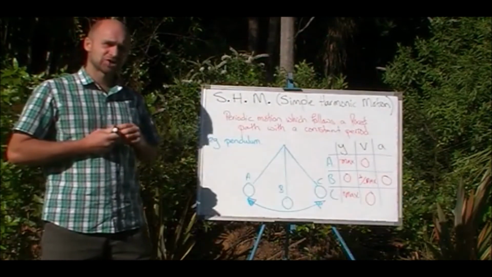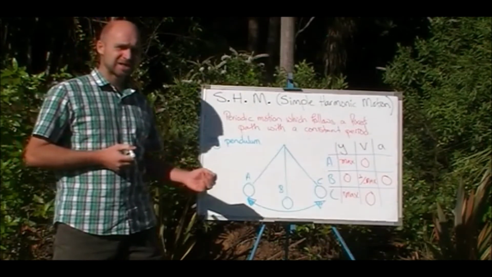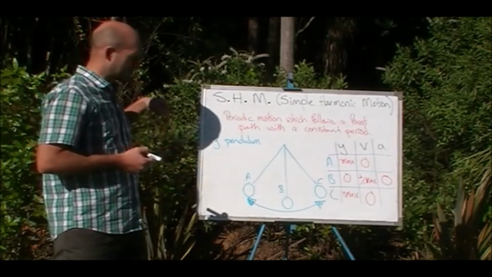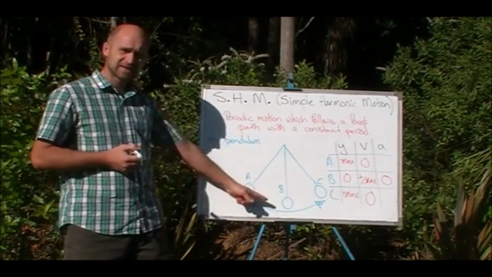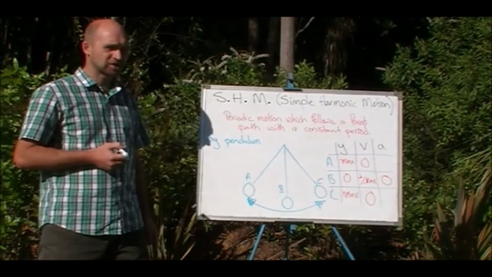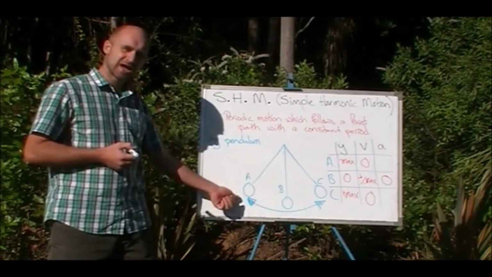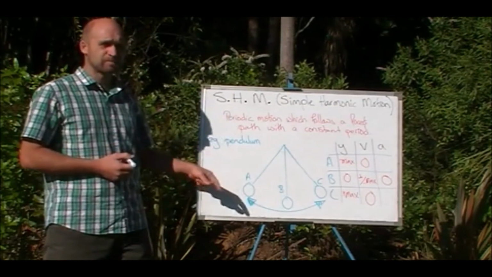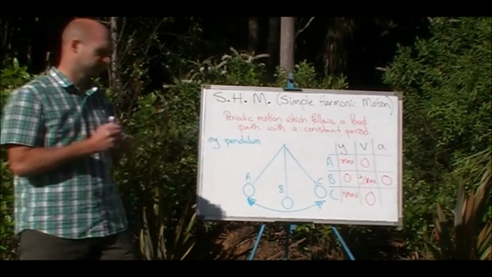At position A, we know that it's getting slower and slower and slower as it approaches A, and then after it leaves A, it gets faster and faster and faster, back towards the equilibrium position. So that means that at position A, the acceleration is directed to the right. That makes it a positive acceleration.